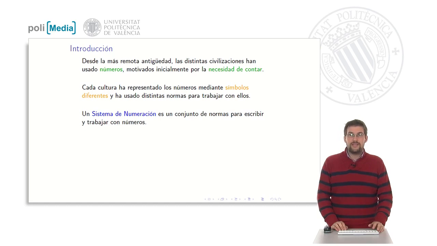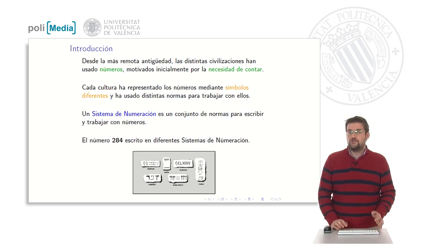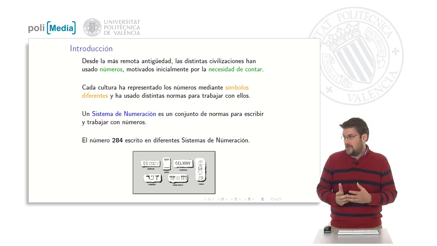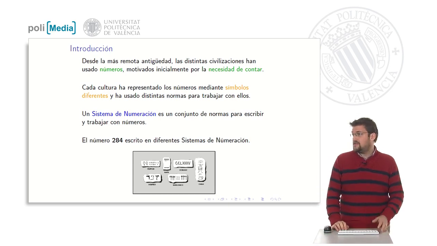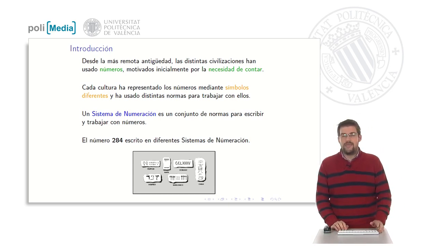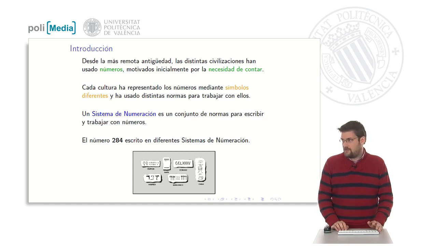These systems of symbols and rules are referred to as numbering systems, and as previously mentioned, each civilization has developed its own. The number 284, written in our system, can be represented in various other systems. In this chart, you can see it written in Egyptian, Hebrew, Maya, and different numbering systems.